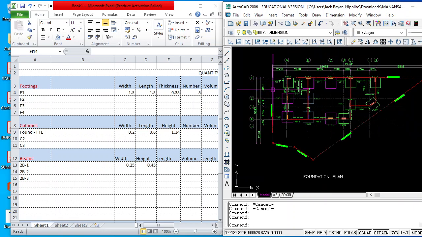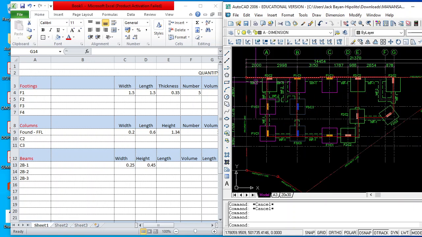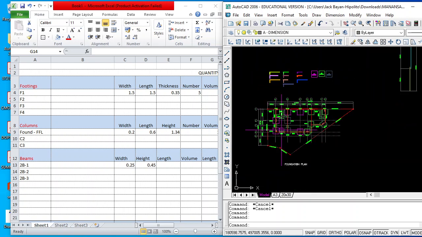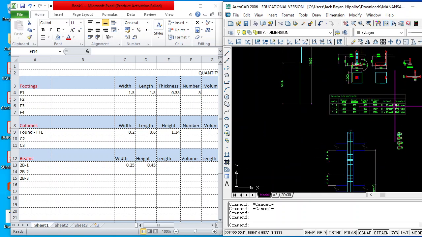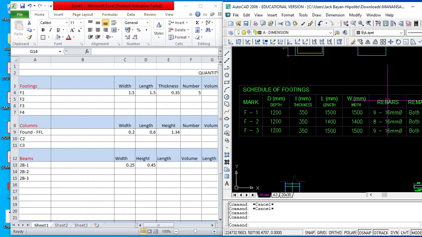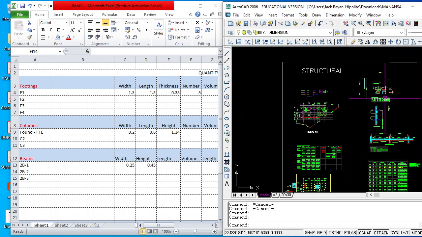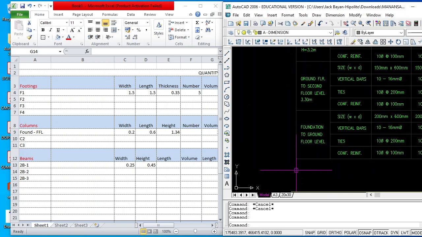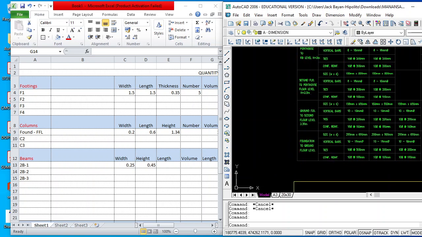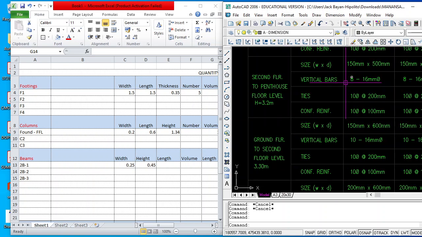Now, we have actually discussed the footings. So, your footings have the corresponding details here. You can see that in your plan. Okay? And then, for your columns, you have this. You understand?